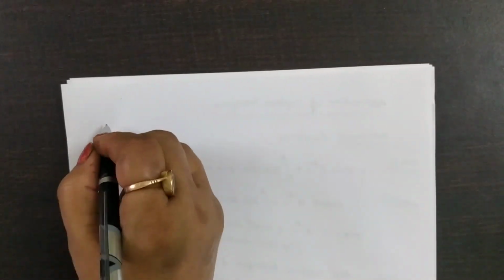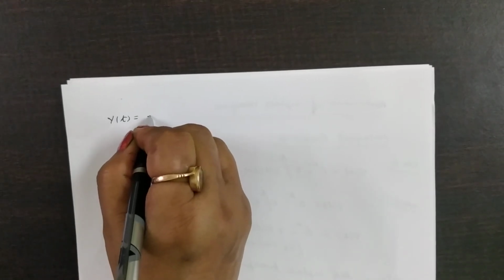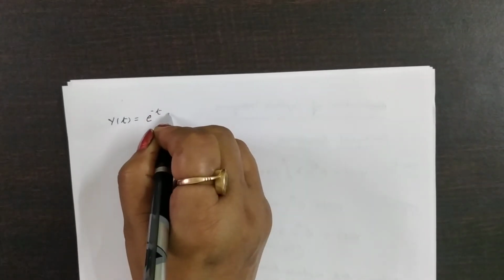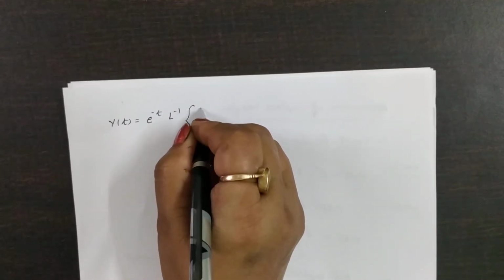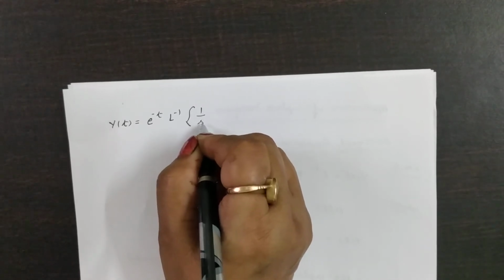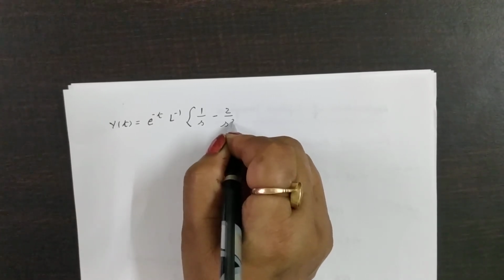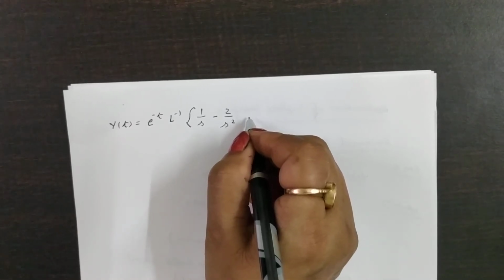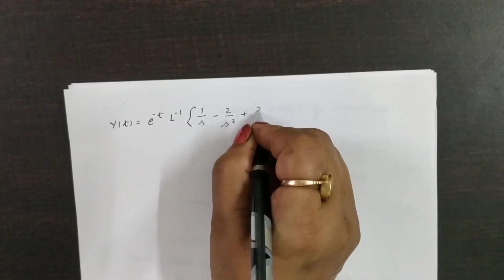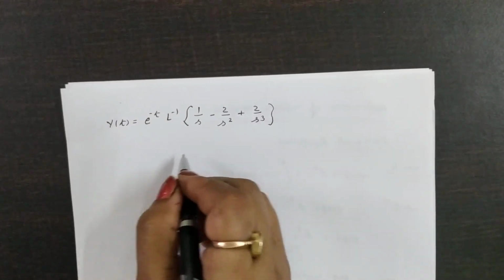So y(t) is equal to e^(-t) times the Laplace inverse of the expression, which splitting the terms gives 1/s - 2/s² + 2/s³. Clear?